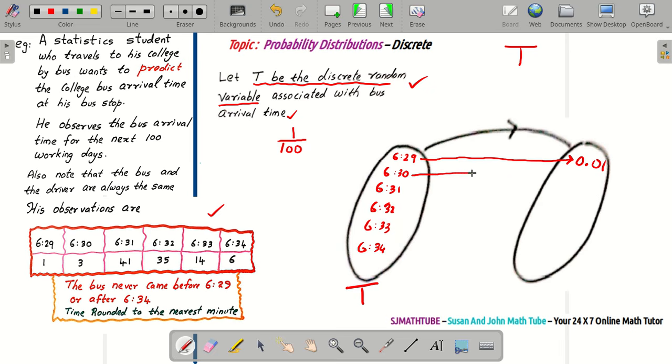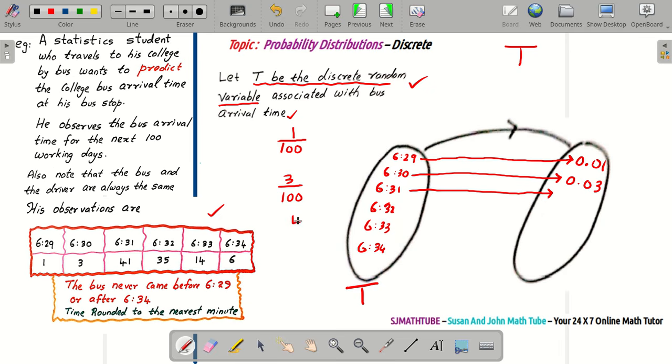And what is the probability the bus comes at 6:30? You can see that it's like 3 out of 100. So I'm going to write 0.03. What about 6:31? Wow, that's a lot.